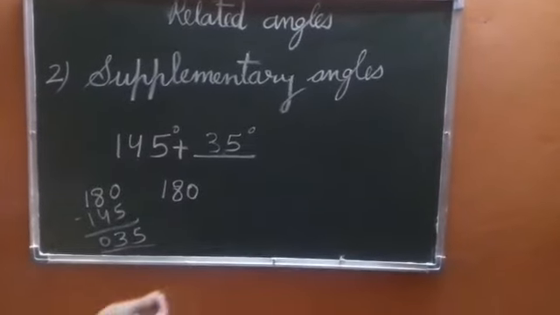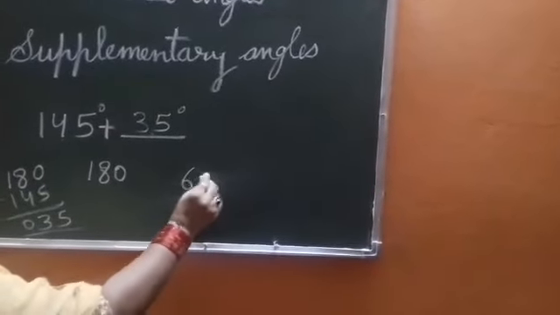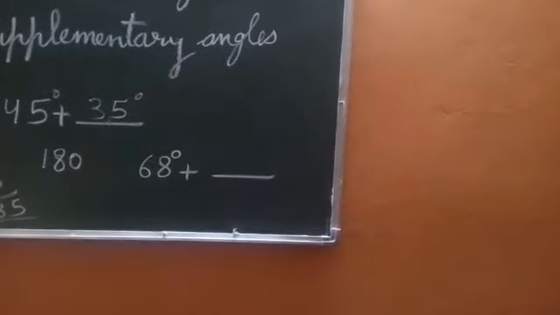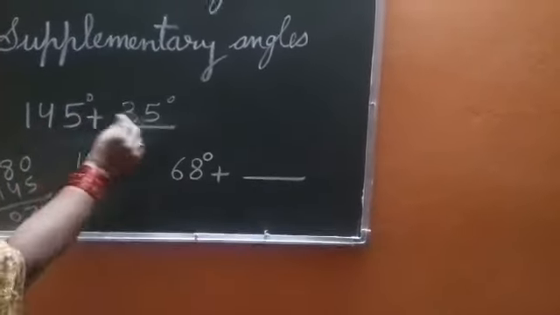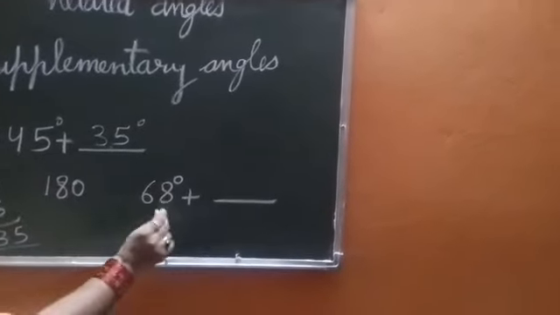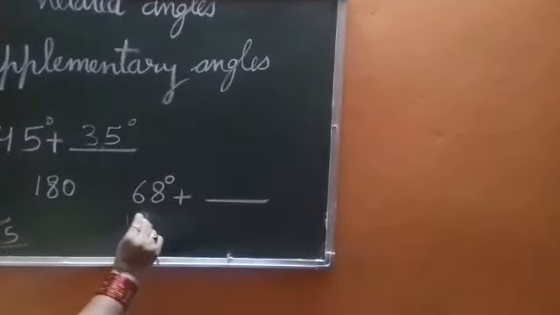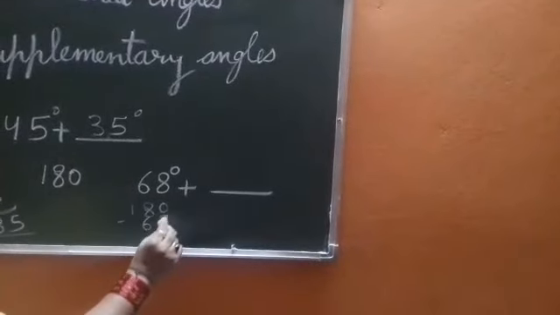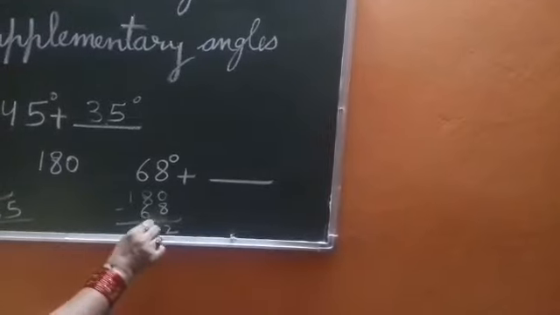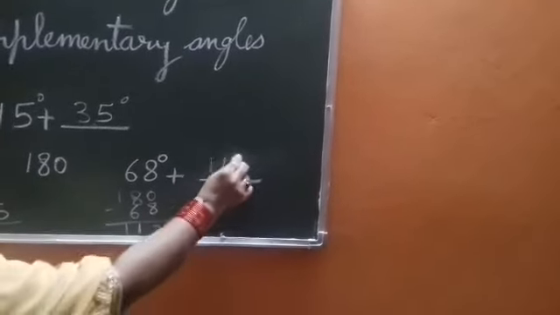Another example, suppose we have an angle equal to 68 degrees. Now what will be its supplement? Their sum must be equal to 180 degrees. One angle is 68. What will be the other angle? 10 minus 8, 2, 1 and 1. So 112 degrees.